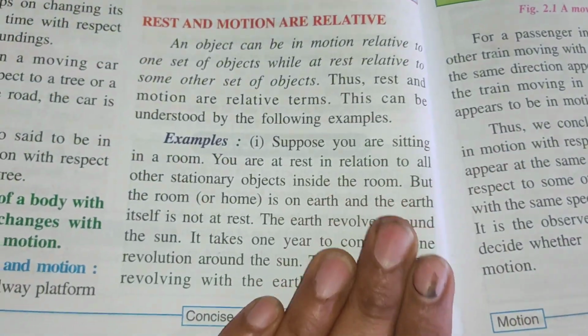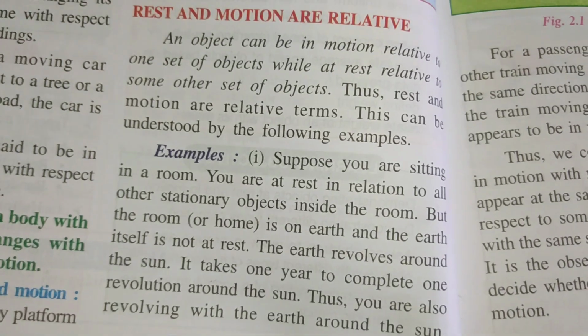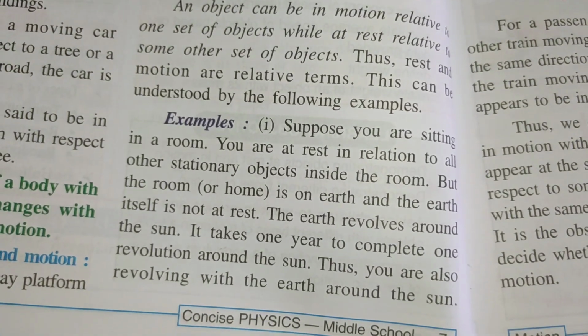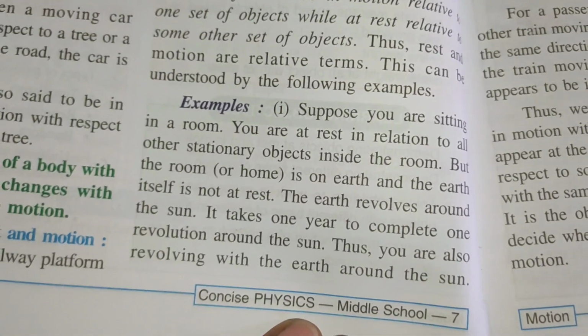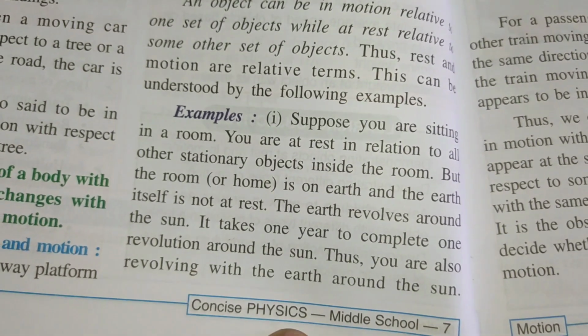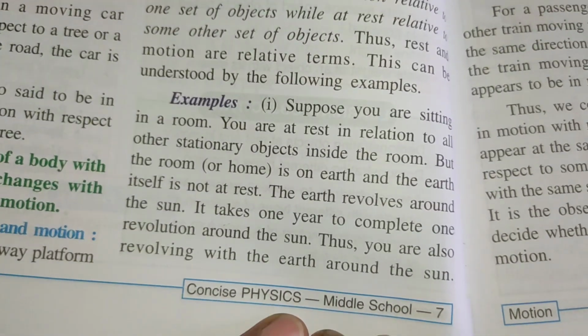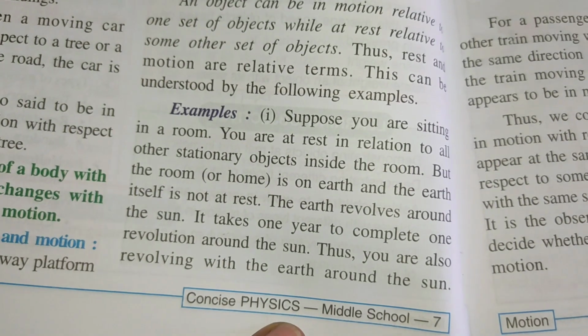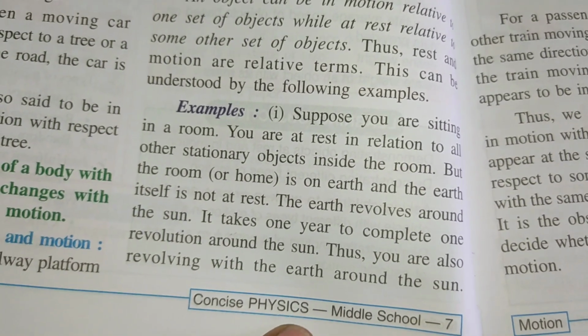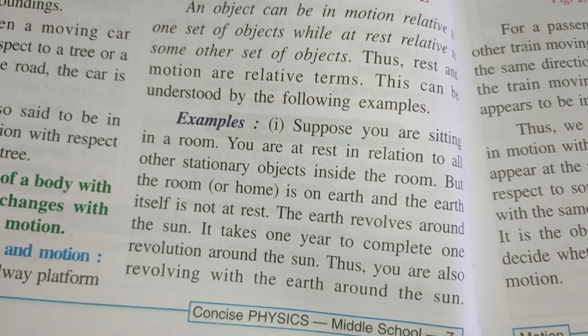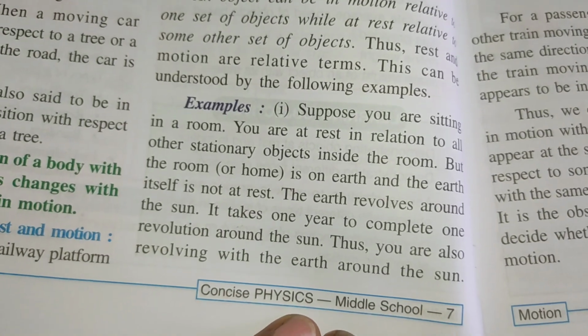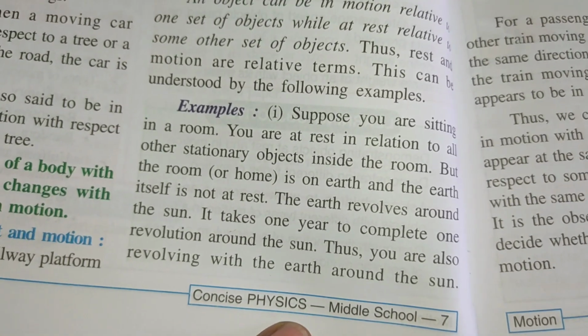Suppose you are sitting in a room. You are at rest in relation to all the stationary objects inside the room. According to your surroundings in the room, you are at rest. But your home is on the earth, and is the earth at rest? No, the earth is revolving around the sun.